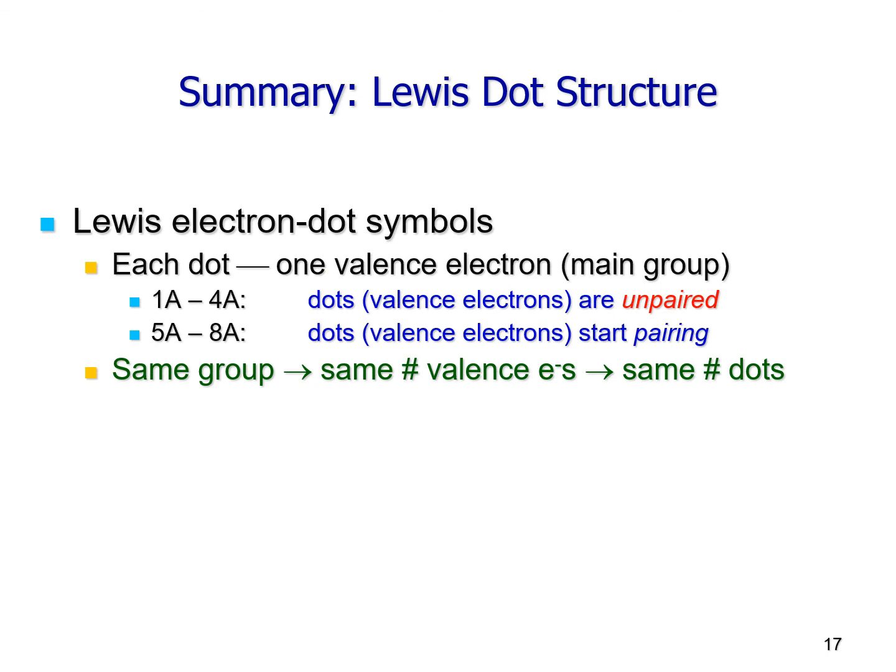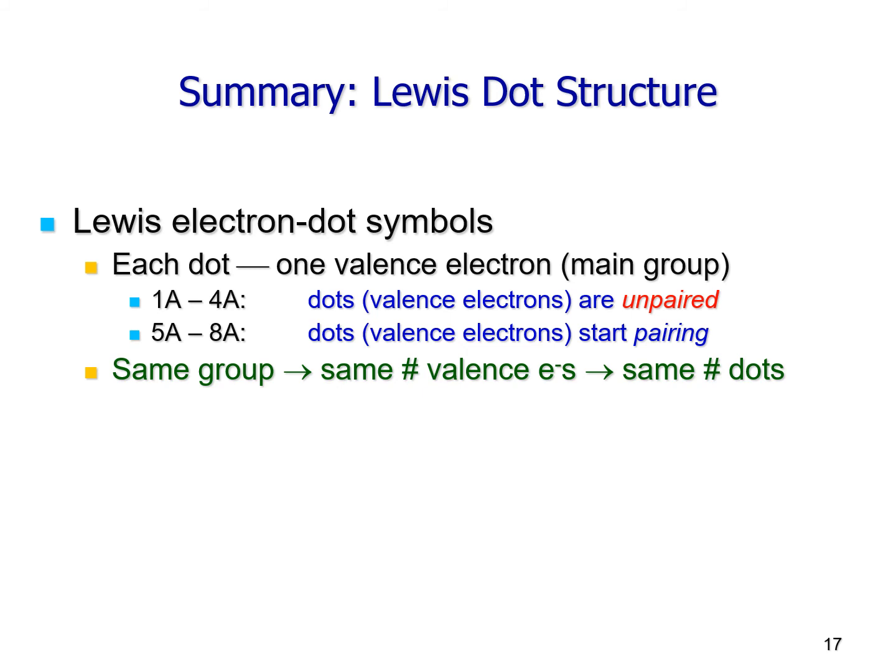Speaking of Lewis dot structure, we understand that we need to assign a dot for each valence electron that we have for the element. The first 4 dots must not be paired. They occupy each side of the chemical symbol to show they are not paired. And starting from the elements in groups 5A all the way to 8A, we start to see the pairing of those dots.